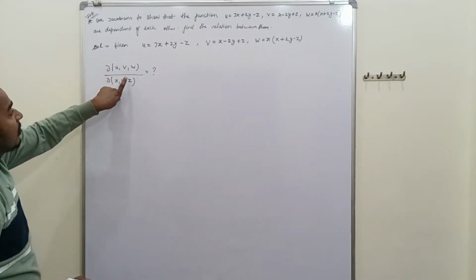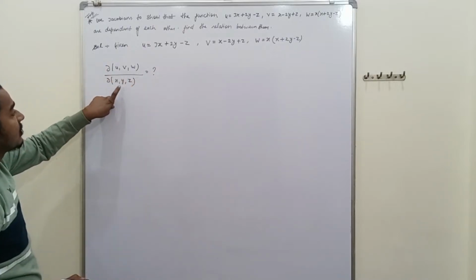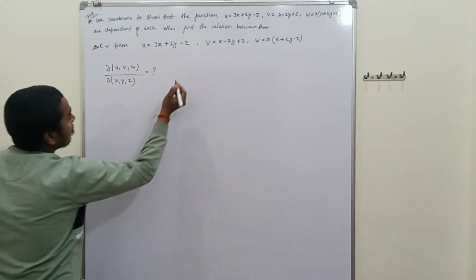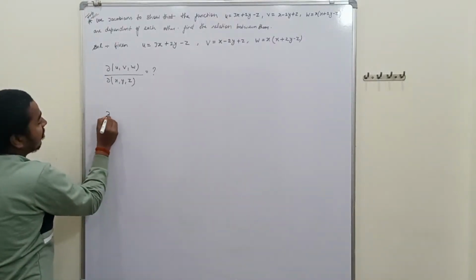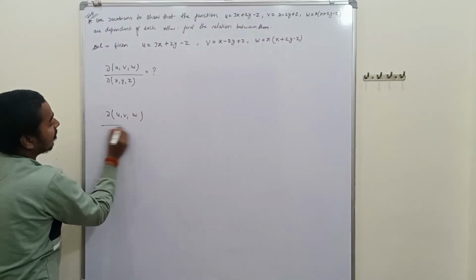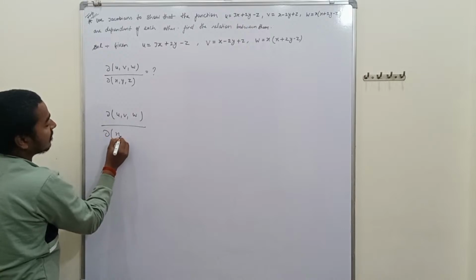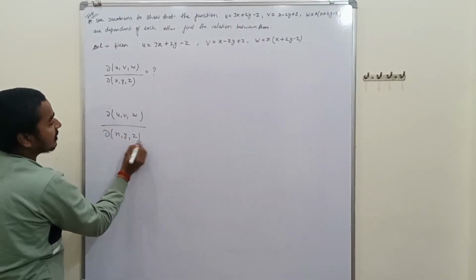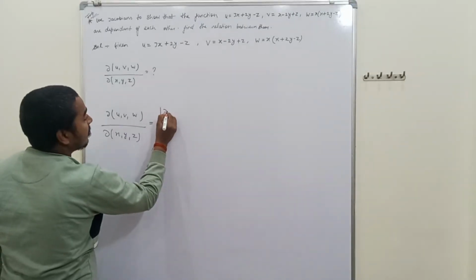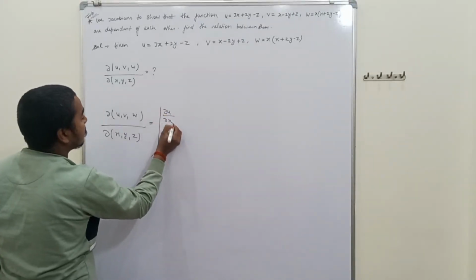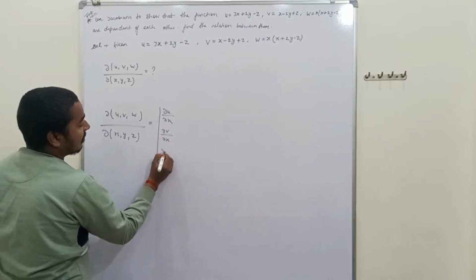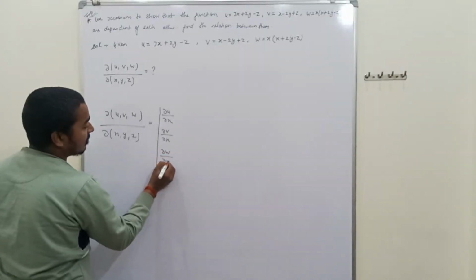It is given by the determinant of del u upon del x, del v upon del x and del w upon del x.